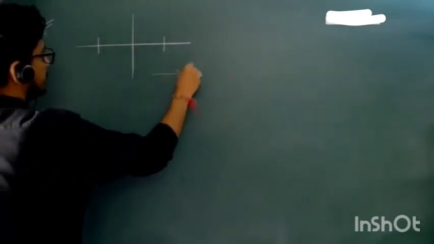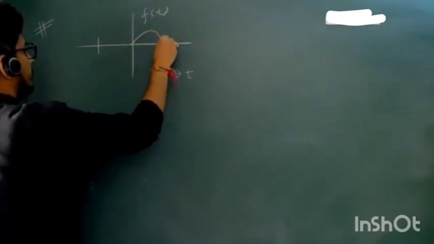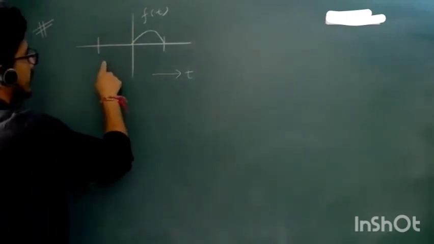that there is a graph in which this is time axis and this is the function axis, and this part is not there, this part is 0, and you can see that what will be in time domain.